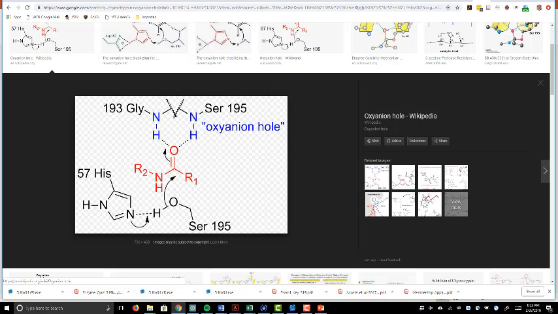And is that where the aspartate has that bond with the hydrogen? In that case, that's something different. That is the aspartate pulling on the proton on the nitrogen to make the histidine more acidic, so it can more easily abstract the proton from serine.